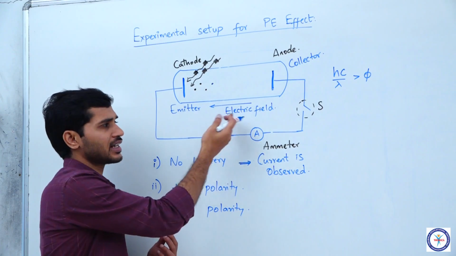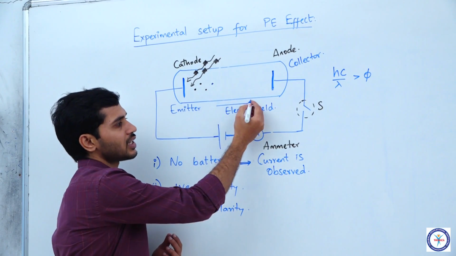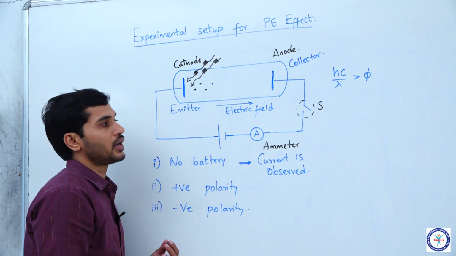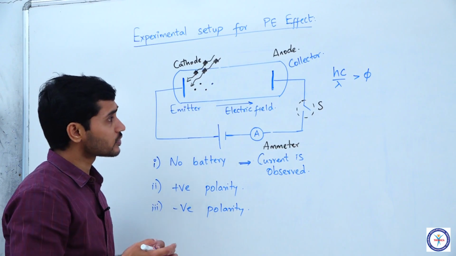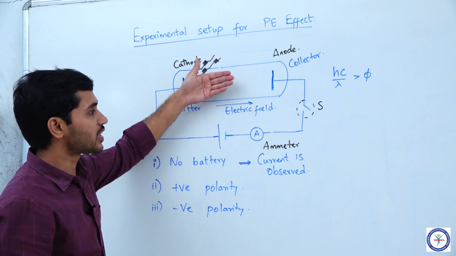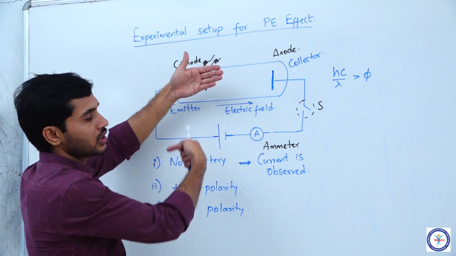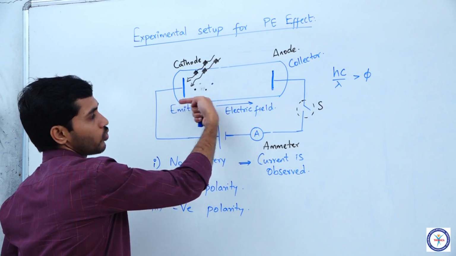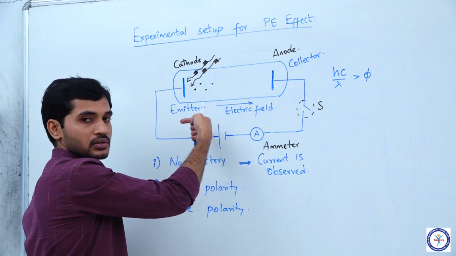Exactly opposite, the electric field is now established in this direction, and as a result the electrons which are coming out will experience a force in the opposite direction. They have a velocity in this direction, but the force is actually pulling them back.